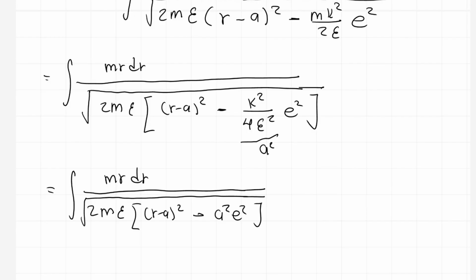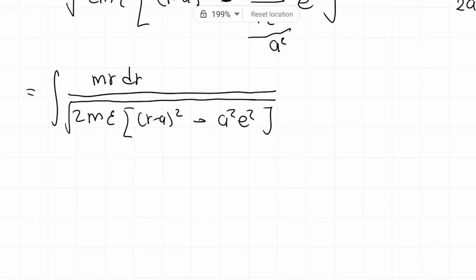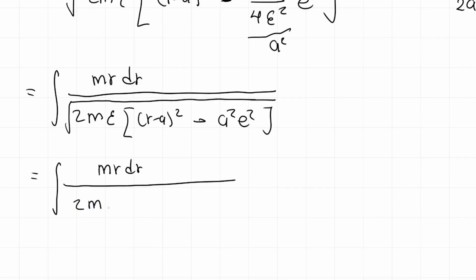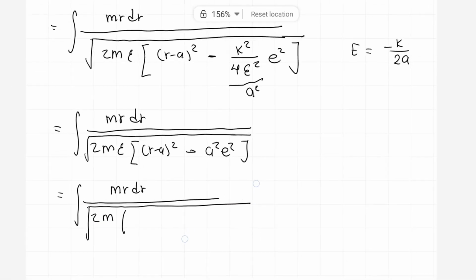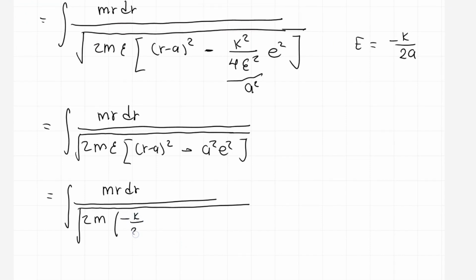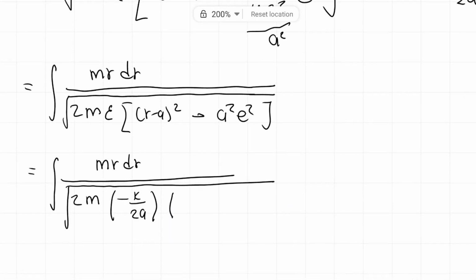So what we are going to do now is to change E for its definition in terms of a. We saw that E is equal to negative k over 2a. So this is going to be equal to the integral of mr dr all over, well, the square root first, 2m times negative k over 2a. And here we are going to switch this just to cancel this minus.